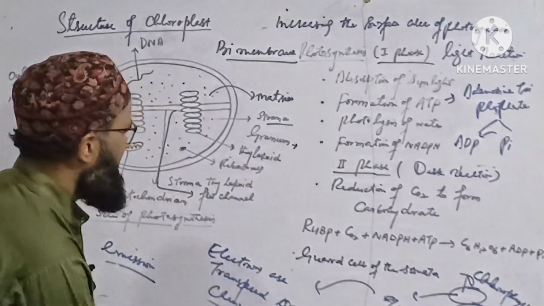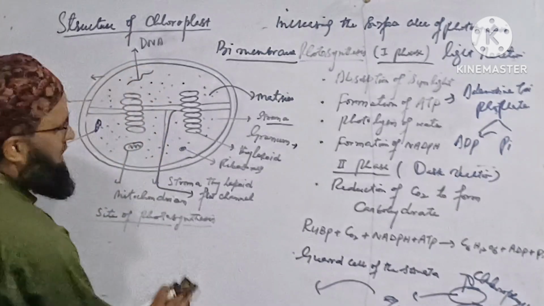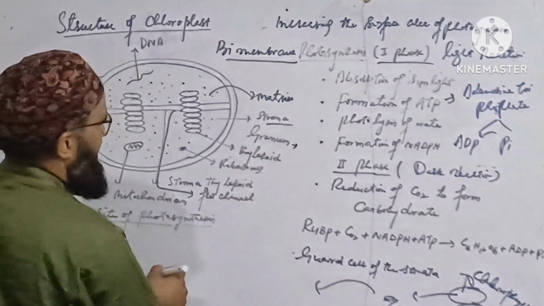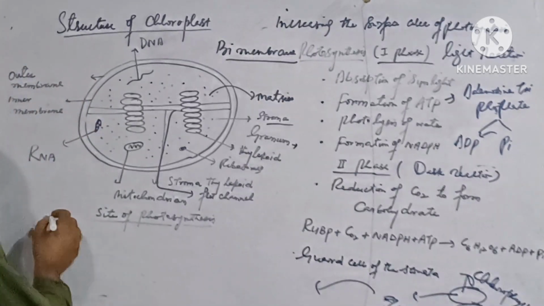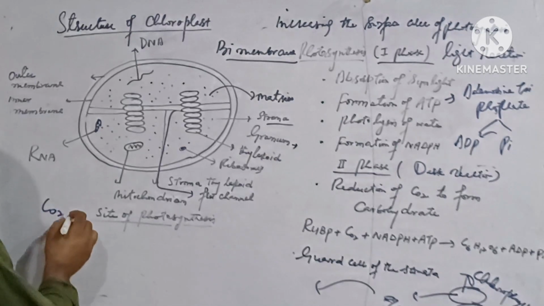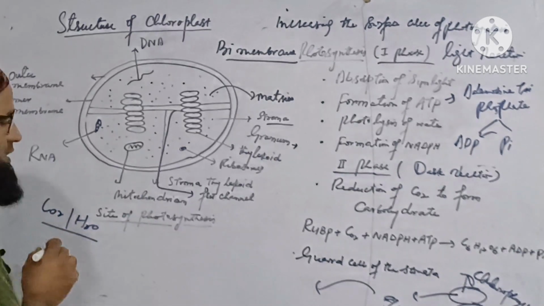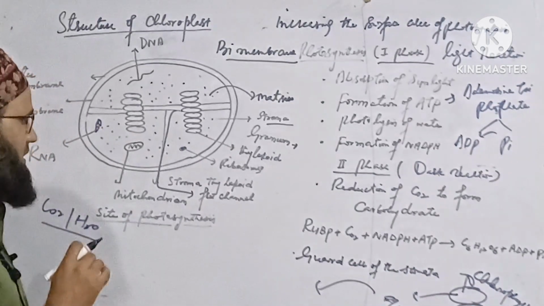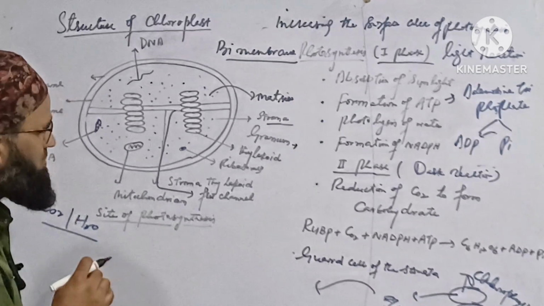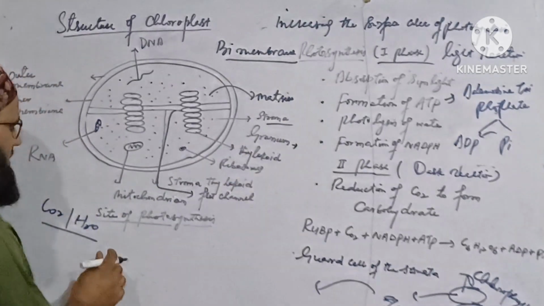After this, the third step of photosynthesis is the photolysis of water. As you know, there are two raw materials, water and carbon dioxide. These are the two basic raw materials which are very helpful in carrying out the photosynthesis process. In the third step, photolysis of water takes place.